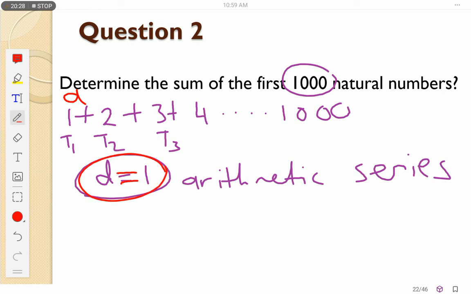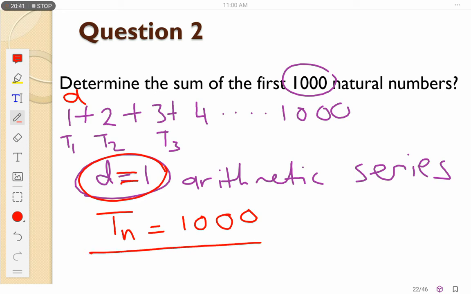Then the number of terms, which is our N. Our number of terms in this case, I can simply say is equal to 1000. You may ask me, why am I saying 1000?